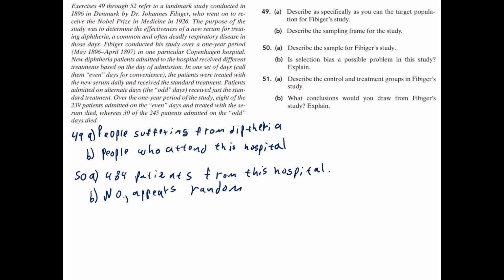Describe the control and treatment groups in Fibiger's study. The control group is the patients not receiving the serum.